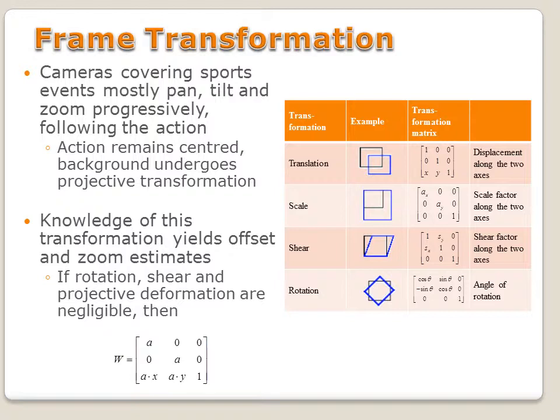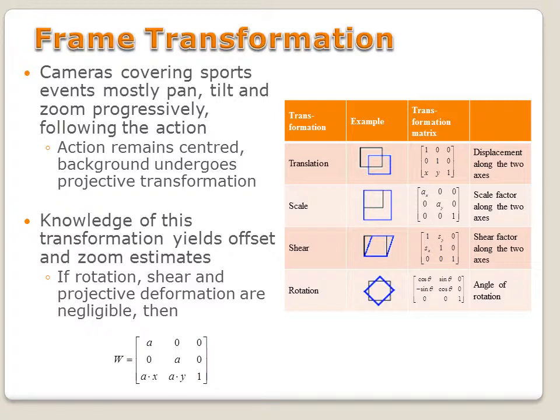Cameras covering sports events mostly pan, tilt and zoom progressively in order to follow the action. The action thus remains centered, while the background undergoes a projective transformation. Knowledge of this projective transformation between successive frames yields offset and zoom estimates.